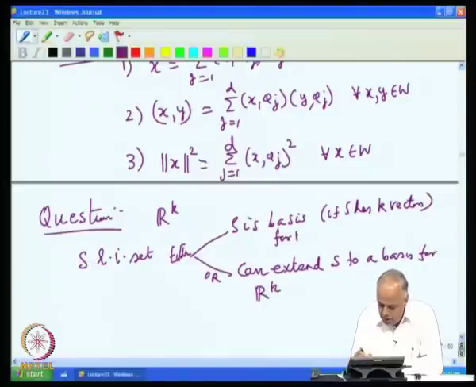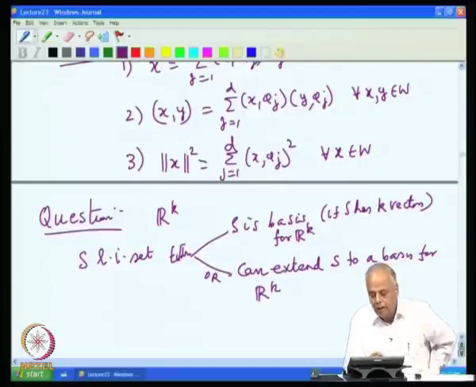So, either it is already a basis for R k, or it can be extended to a basis for R k.